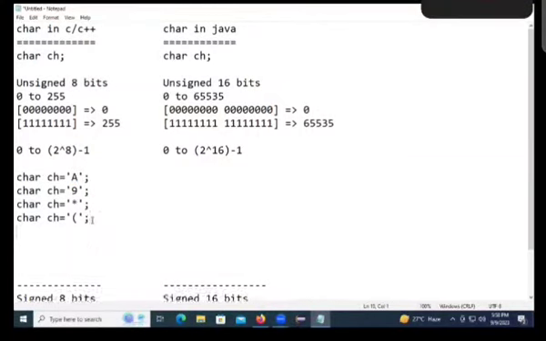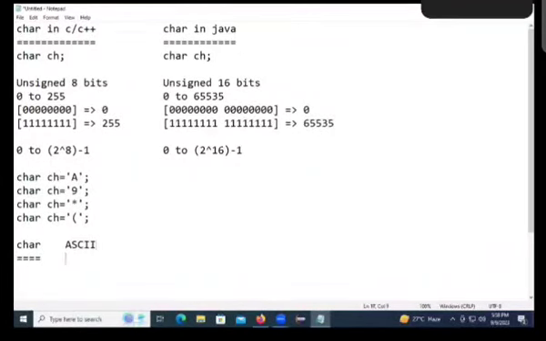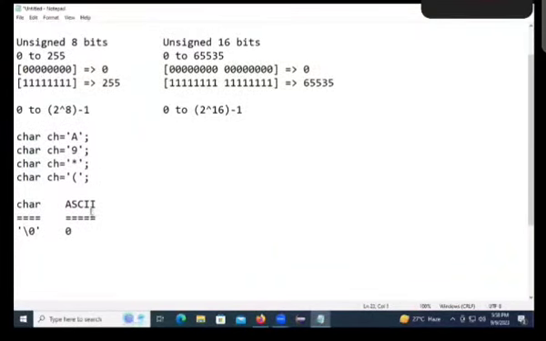So if you look at it like this, character and ASCII value. ASCII values start with the null character. Null character, its ASCII value is 0. Like '0' in single quotes, its ASCII value is 48. '9', its ASCII value is 57.